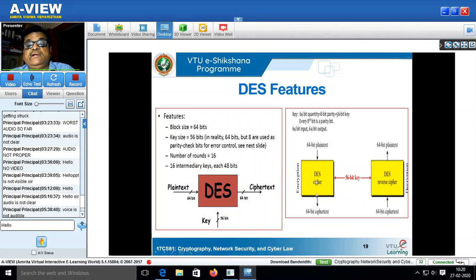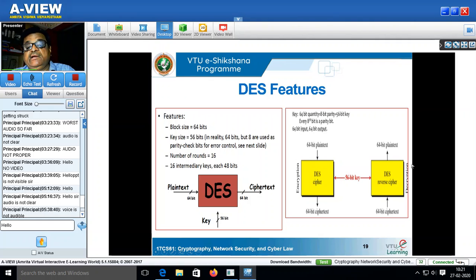The 64-bit key, this is what we can see here, is supplied, and then the DES cipher produces 64-bit ciphertext. To do that, we require the 64-bit key. This is happening at the encryption side.